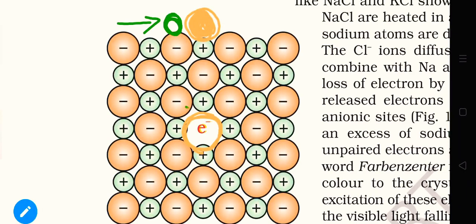As we know, the common nature of Na is to release an electron and the common nature of Cl is to accept an electron. So Na will donate its electron to Cl. Electron transfer will take place from Na to Cl, so Na will become positive in charge and Cl will become negative in charge.